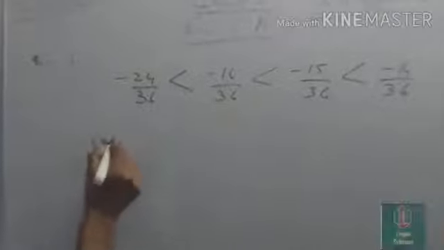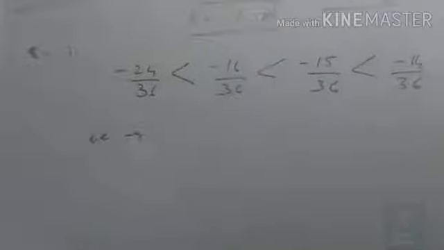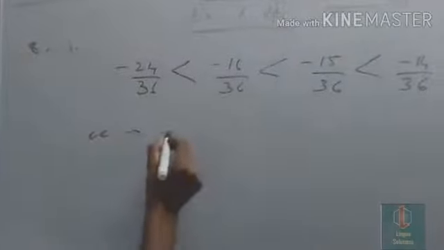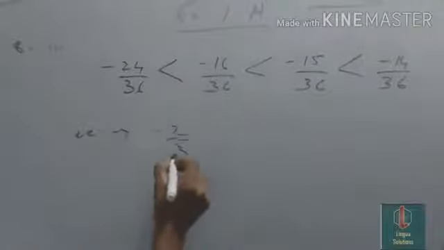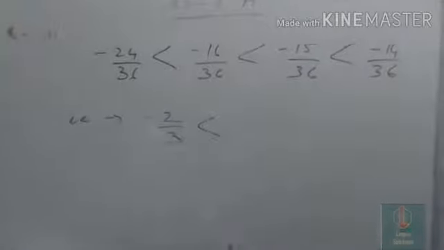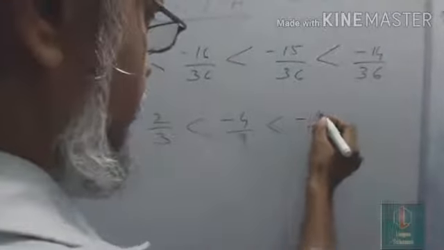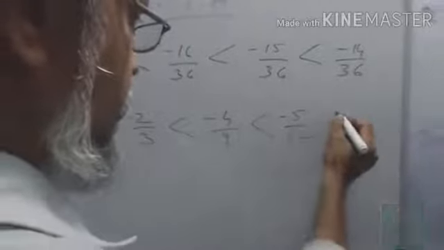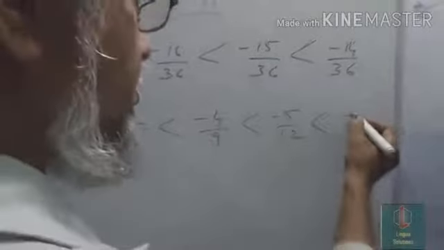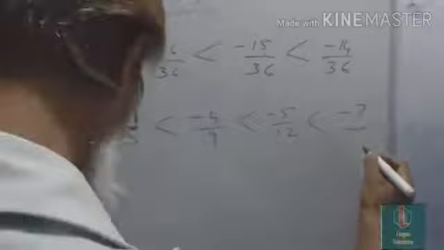That is, minus 2 by 3 is less than minus 4 by 9 is less than minus 5 by 12 is less than minus 7 by 18. This is the answer.